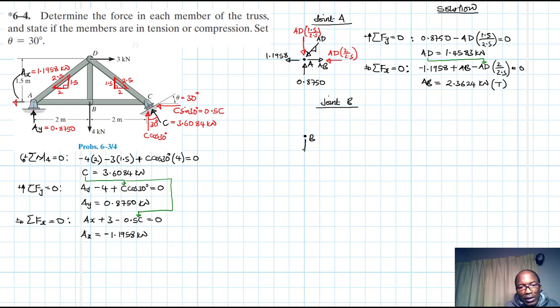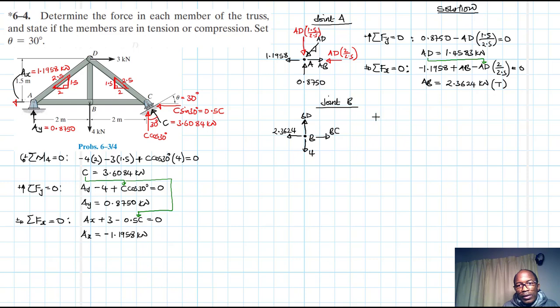Okay, what do we have? We have a force down of 4 kilonewtons. We have a tension force this side that we calculated, which is AB, so this is 2.3624. Then we have a tension force up, which we'll call BD, and then another tension there, which we can call BC.